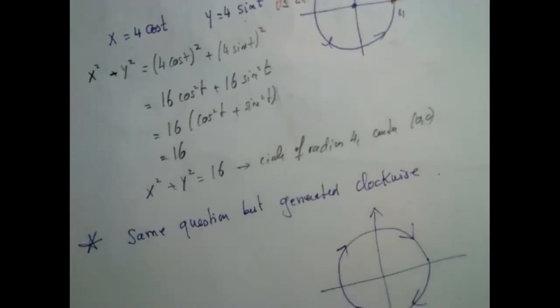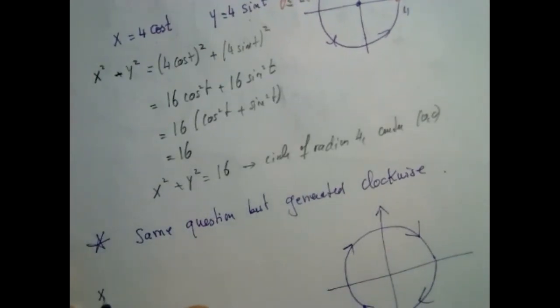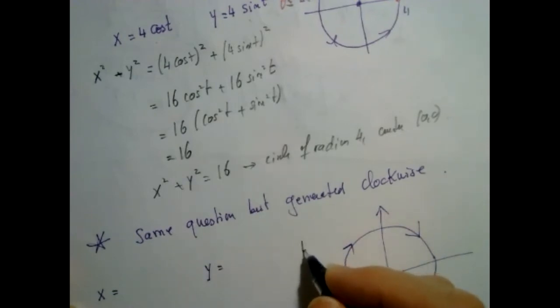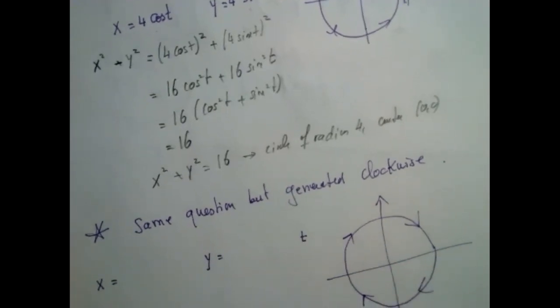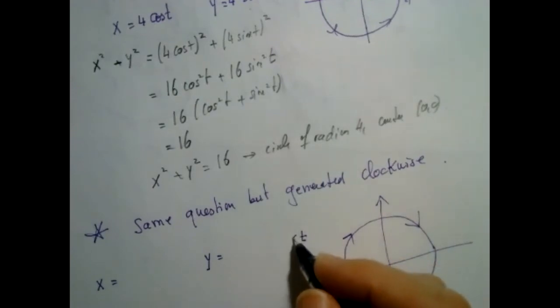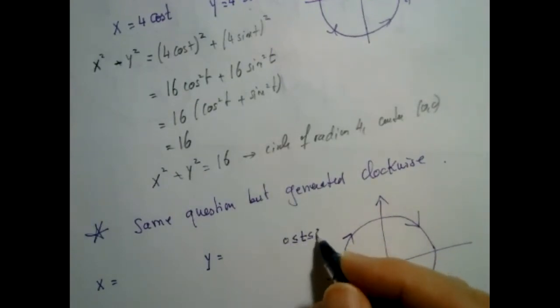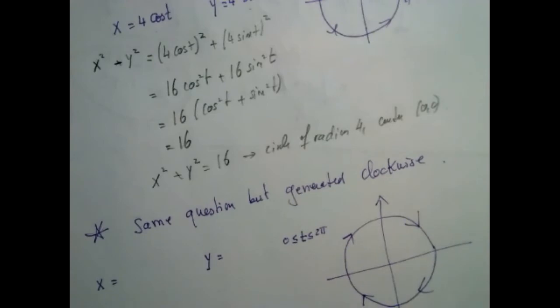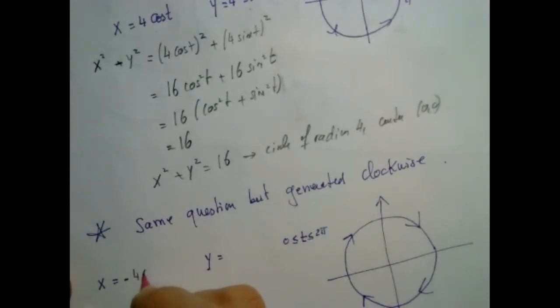Okay, how can I play around with the x and the y? Won't the x and the y stay the same? They stay the same, I will go counterclockwise. How can I make them negative? So you're going to come up with a lot of scenarios. Suppose I take them negative.